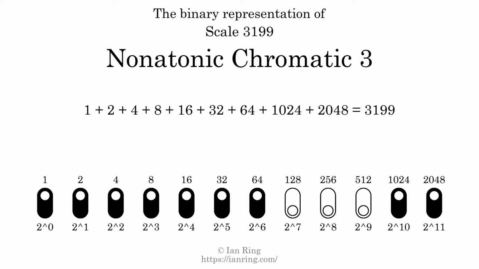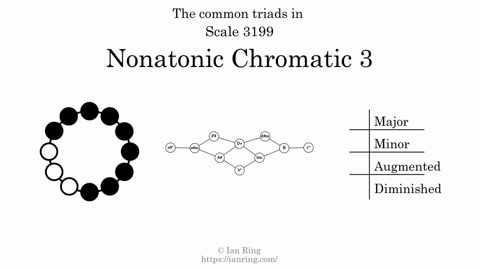That is why the scale number, in decimal, is 3199. The scale number not only enumerates the scale with a unique index, but it also literally describes the tonal content of the scale. Represented as a binary number in base 2, the scale number is 110011111111.